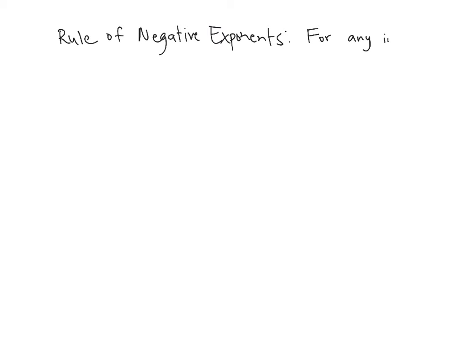Our second new rule for the day is going to be called the rule of negative exponents. What the rule of negative exponents says is for any integer n, remember, integer means like whole number.